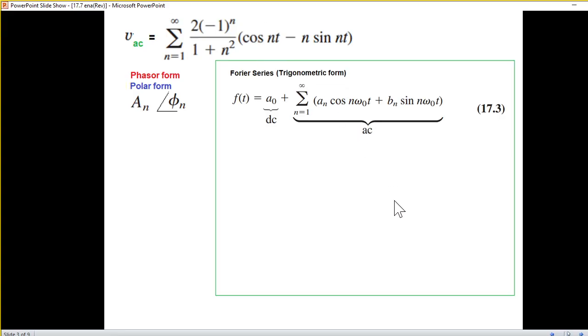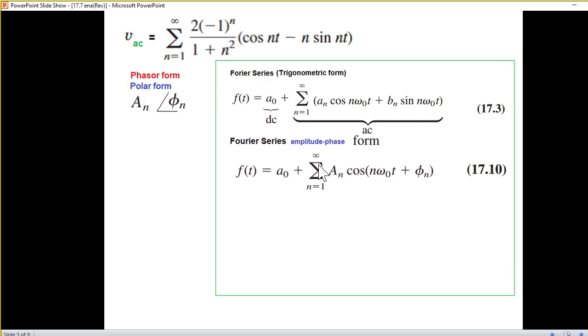This can also be written in a more concise form, that is this one, but we are not interested much in this. What we are interested in is to find this magnitude. So from here also we can write the magnitude and phase angle, which is in the polar form.